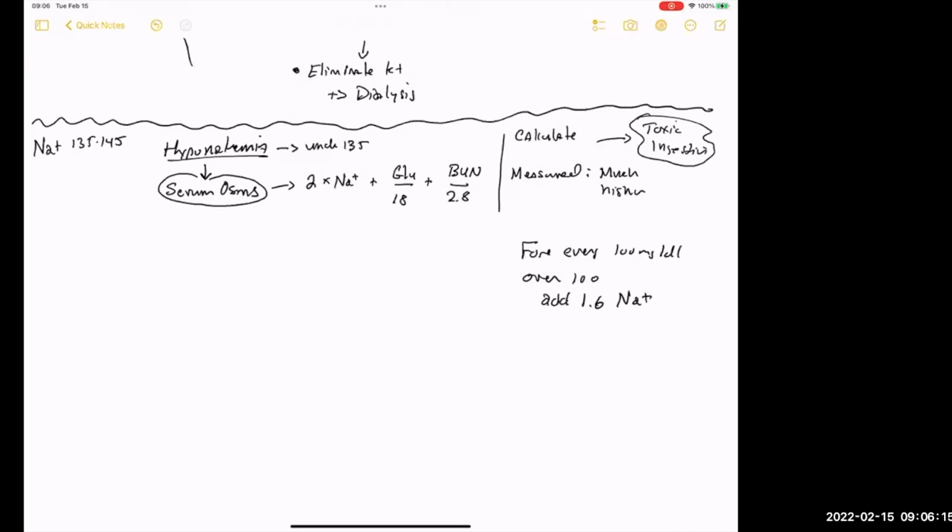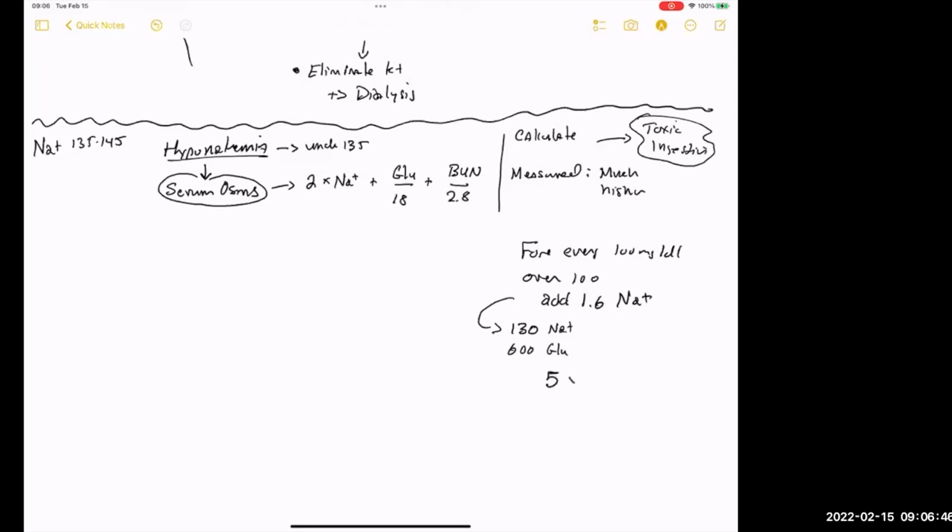So for example, let's say I have a patient and they have a sodium of 130, which is technically hyponatremic. And then their glucose is 600, right? So that means that they are 500 over 100. So they are 5 times over 100.